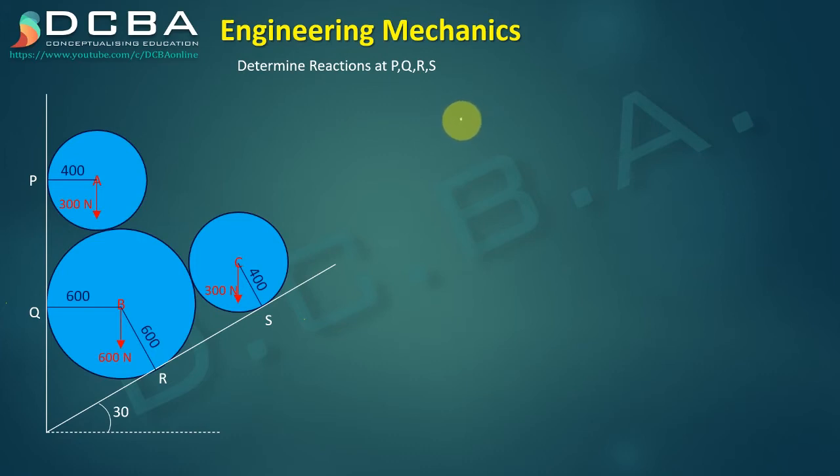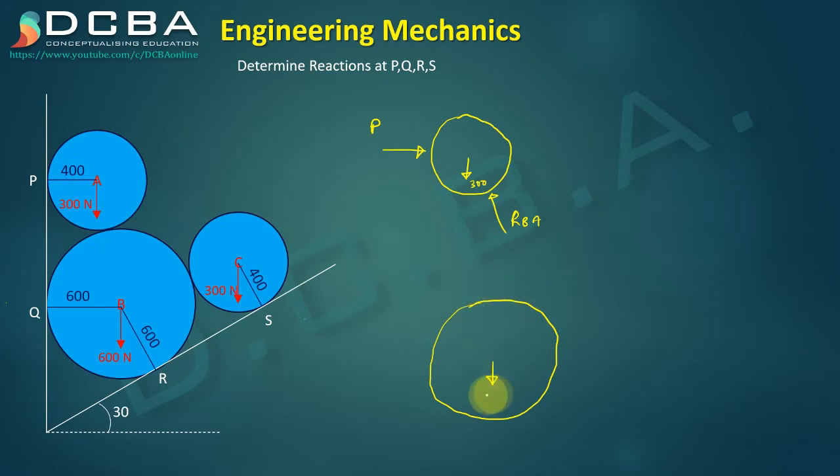So starting with this point A, we have its weight, then we have the reaction P, we have the reaction from cylinder B, and call it RBA. Then we have this cylinder B, the weight is 600, the reaction R is there, reaction Q is there, reaction RAB is there, and reaction RCB is there.